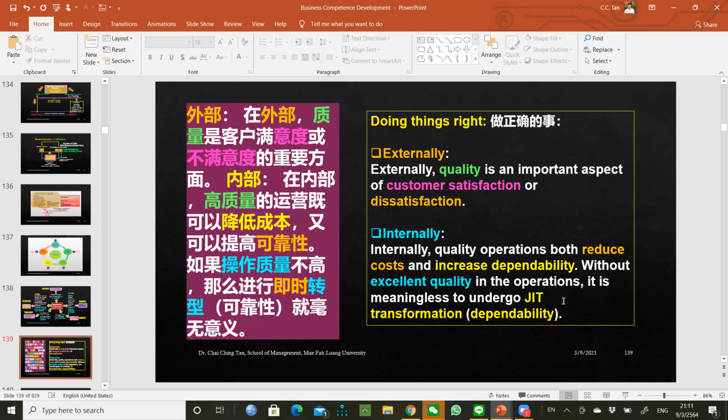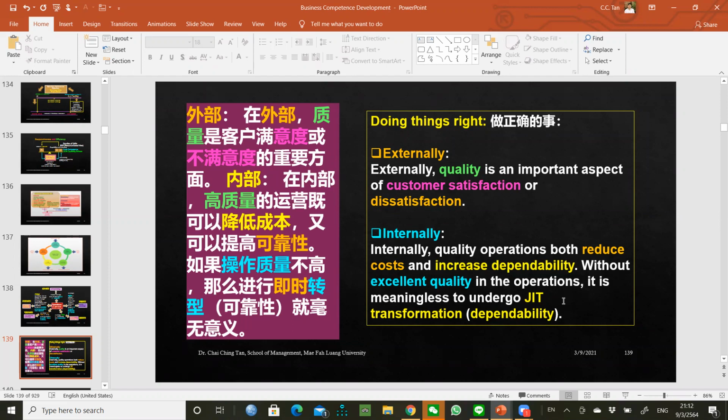Without excellent quality in operations, it is impossible and meaningless to undergo JIT transformation. So if we want to pivot to the just-in-time concept of balancing between my supply and demand, how are you going to do it? If you do not have capable competency in your operation system, how are you going to do it? You can't, right?